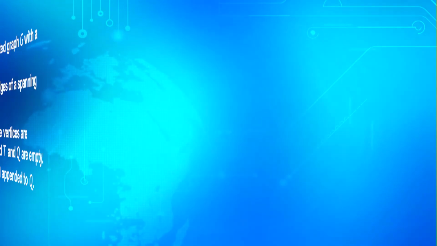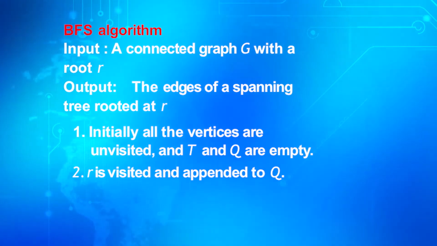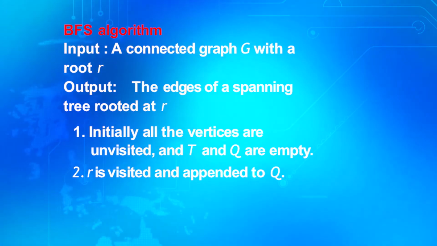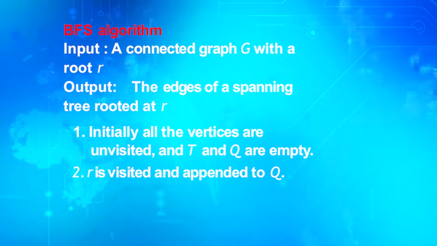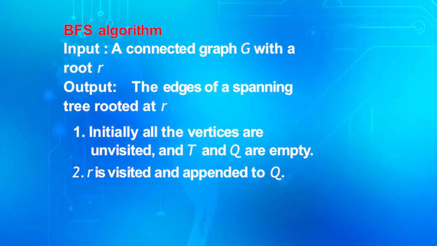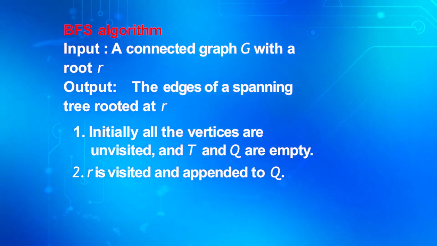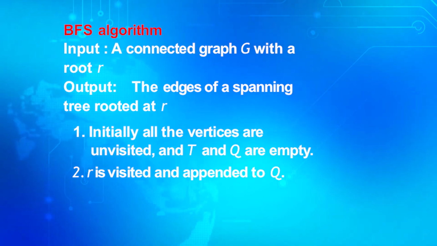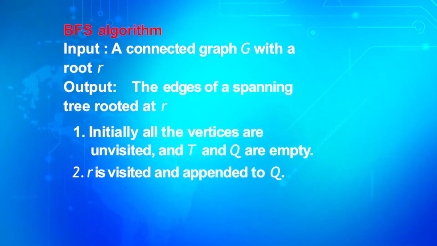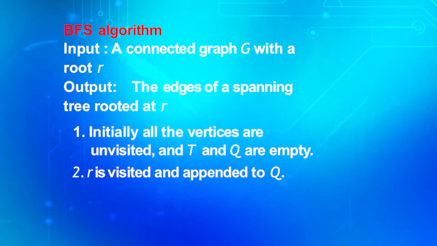So, let us look at the steps of the algorithm. The algorithm requires a connected graph G with a root R as the input, and the output is the edges of a spanning tree of G which is rooted at R. The first step is we initialize all the vertices of the graph, and they are marked as unvisited.